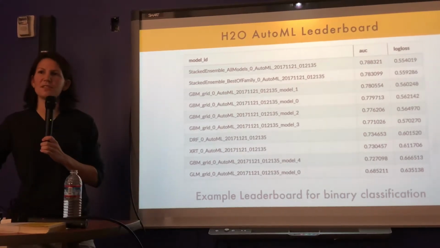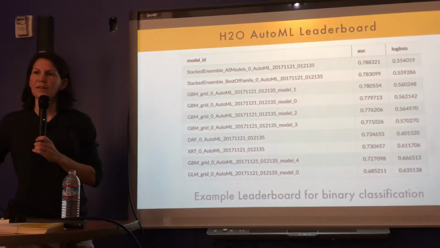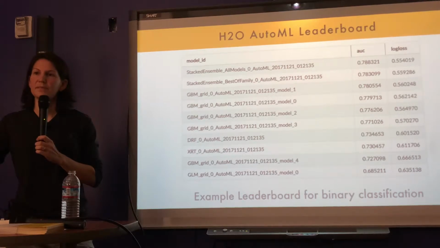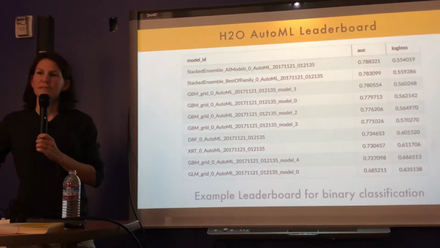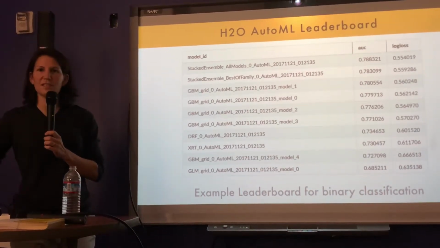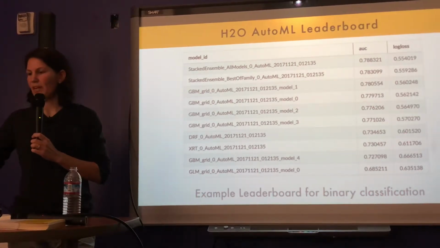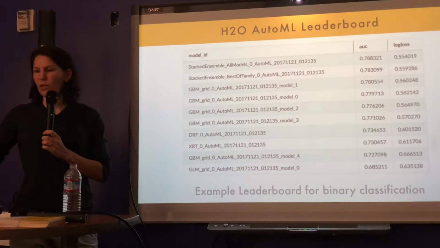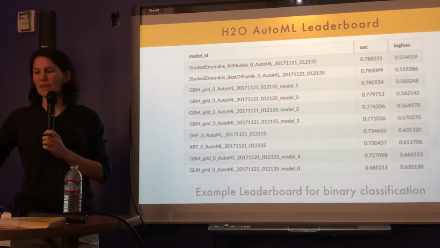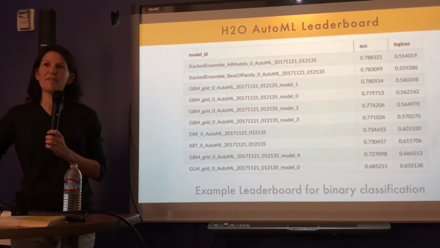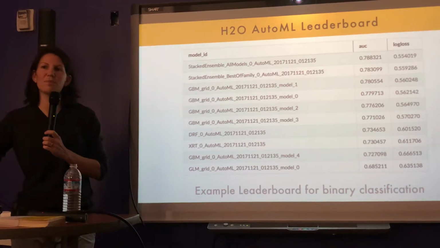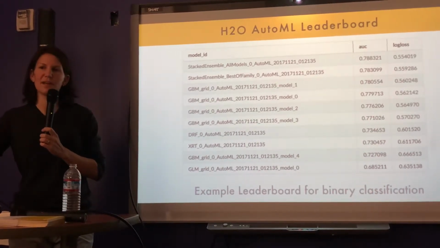Any more questions? Yeah. Is there a predefined way to handle unbalanced data sets in the AutoML? So the question is, is there a way to deal with imbalanced data sets in AutoML? Currently, in all the H2O algorithms, we have 3 parameters that help to handle imbalanced data.